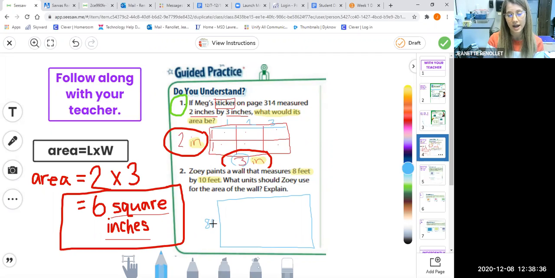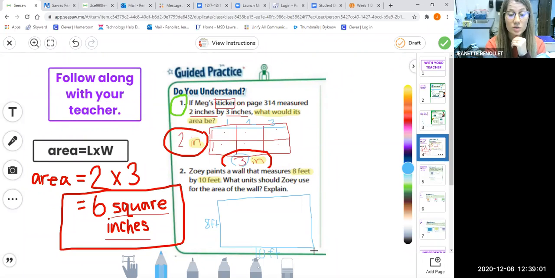I'm going to put FT for feet. And on this side, I'm going to label it 10 feet. That is what the text told me. Our question is, what units should Zoe use for the area of the wall? We need to find the area of the wall.